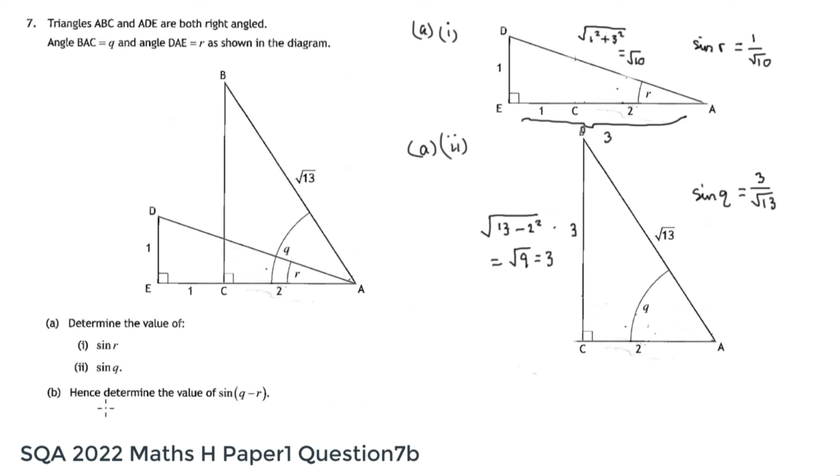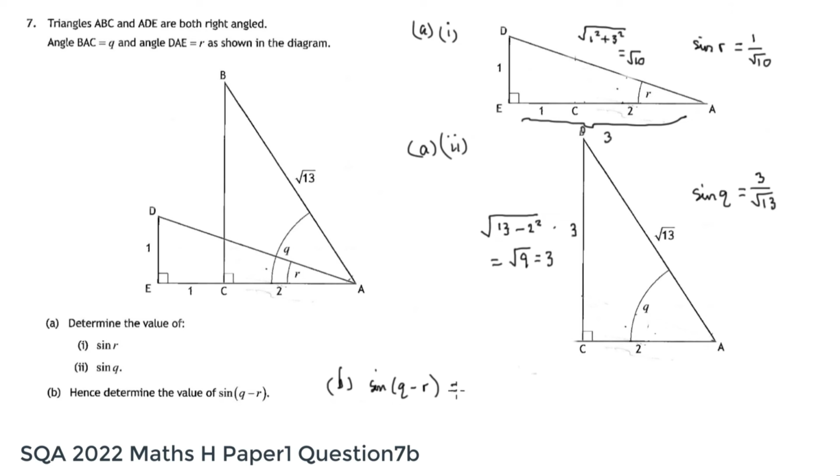And in part B, we're asked to determine the value of sine Q minus R. Now, an expression like sine Q minus R is just crying out for an expansion. It's what's called the difference formula, sum and difference formula.